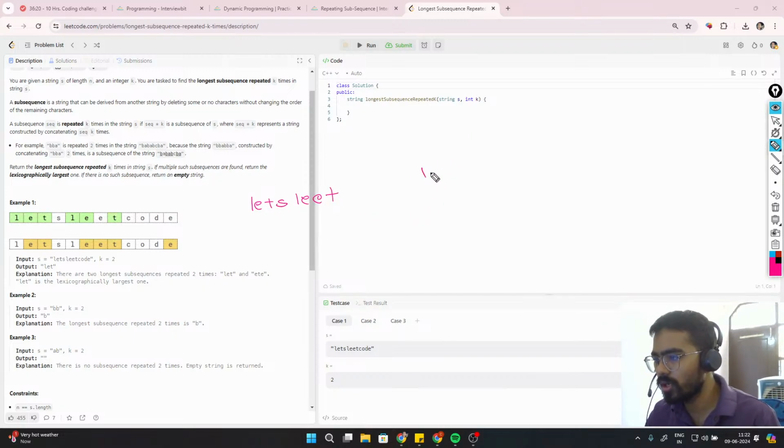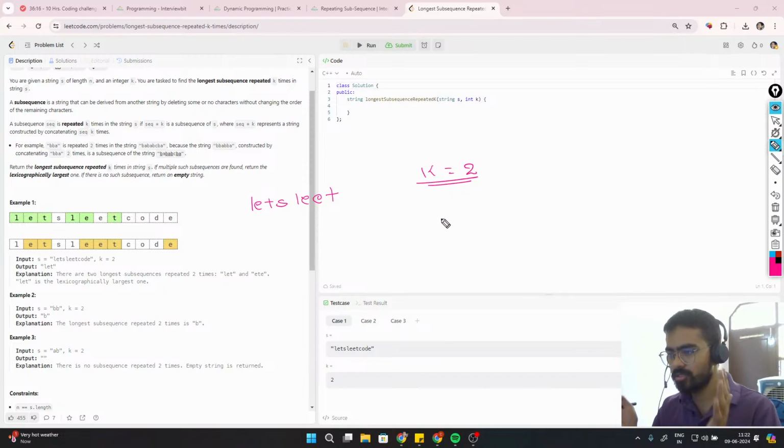Let's remove code for now. I have k as 2, means I need to find the largest subsequence which, when repeated, we can find twice over here.